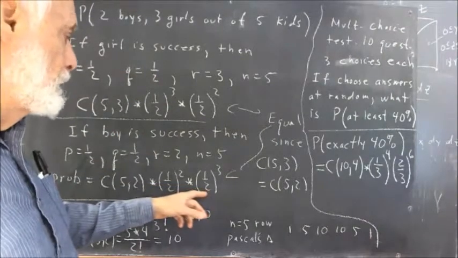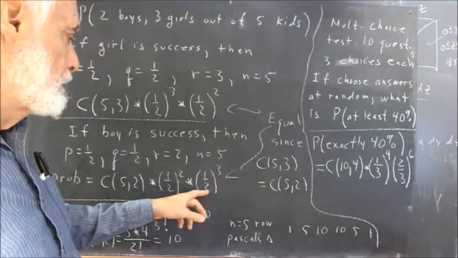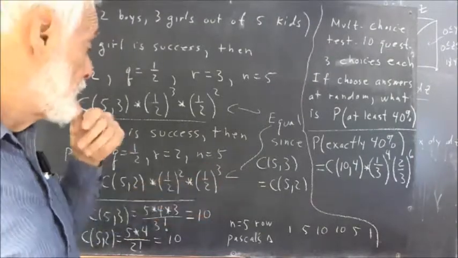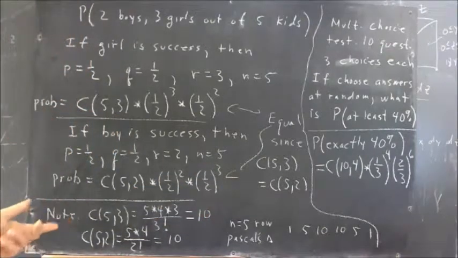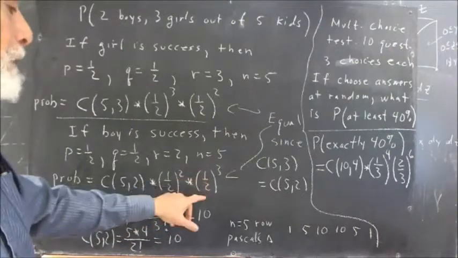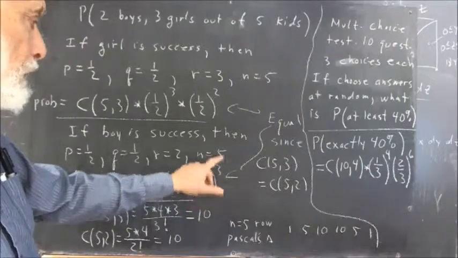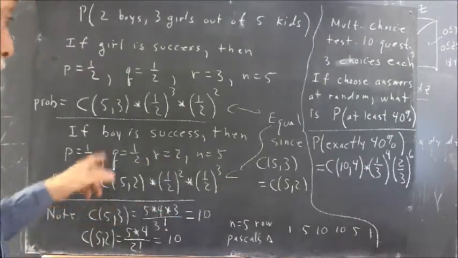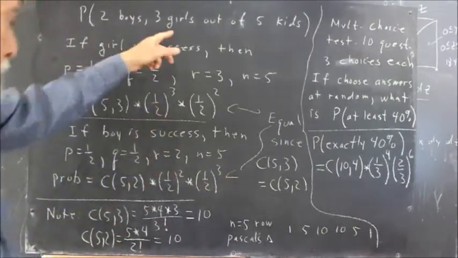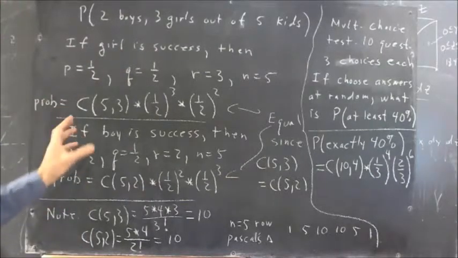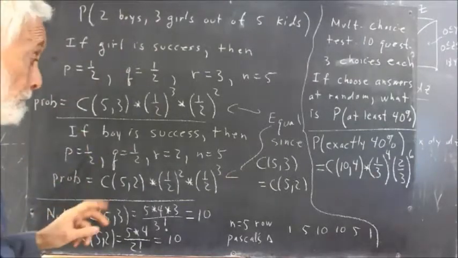And Q raised to the N minus R power. In other words, the probability of a failure is 1/2 raised to the power of 3, because there's going to be 3 failures corresponding to 3 births that aren't boys.